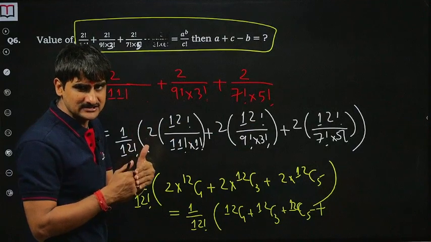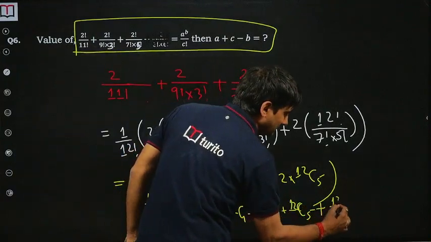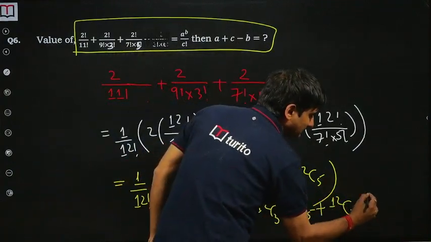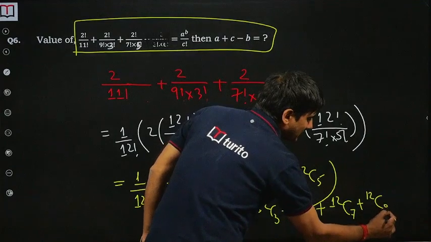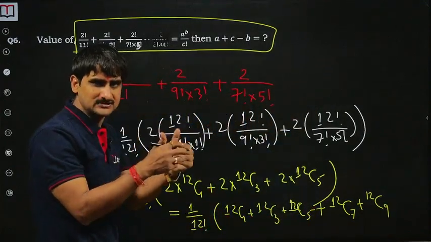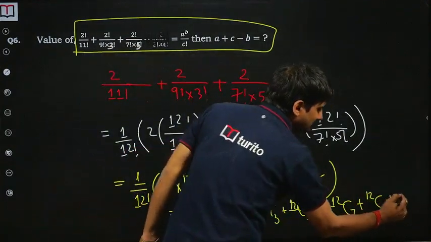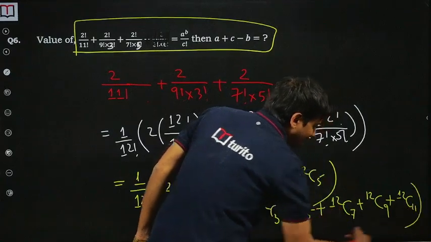We know nCr is equal to nC(n minus r), so 12C7. So I am breaking it into 2. Similarly, 2 times 12C3 is 12C3 plus 12C3, I am writing one as this, and similarly this will be 12C11.